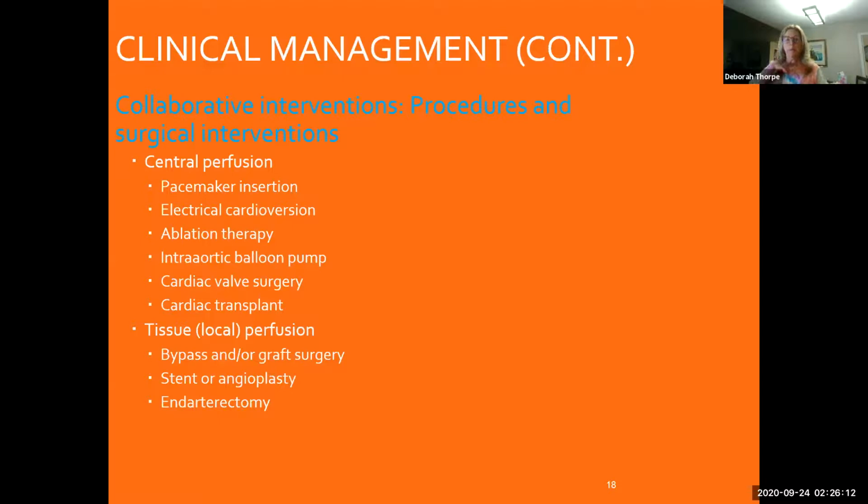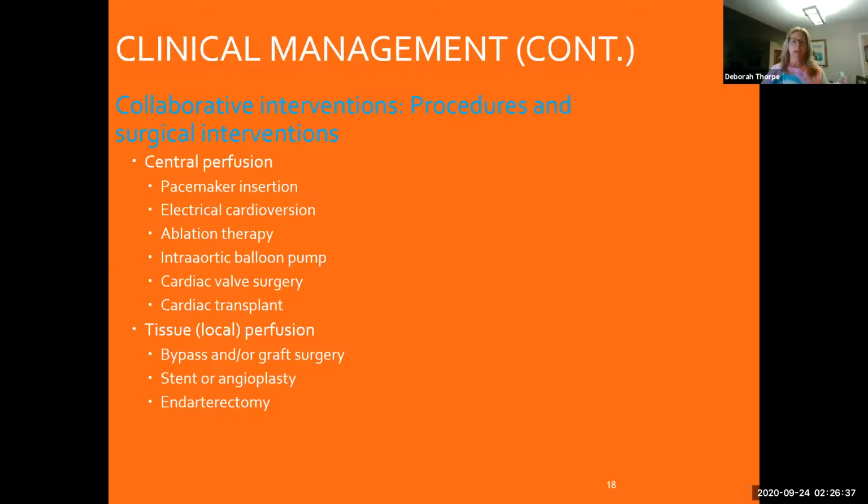Intra-aortic balloon pump provides temporary circulatory assistance to the patient in a critical care unit who has a compromised heart. Heart valve surgery, obviously they go in and repair a heart valve. Cardiac transplant is a transfer of a heart from one person after death to another person.